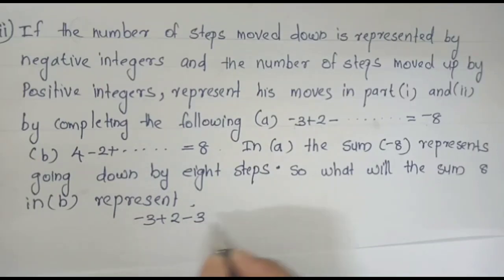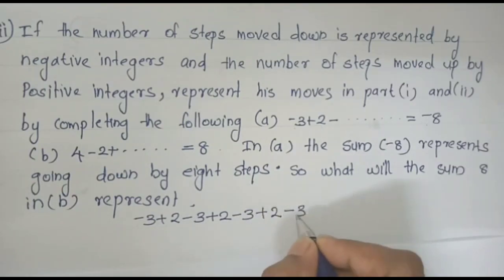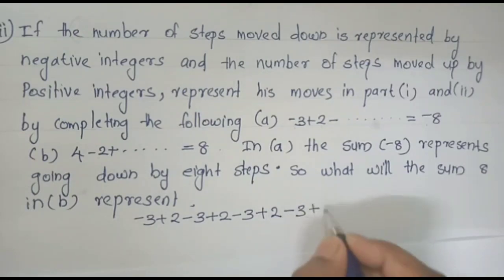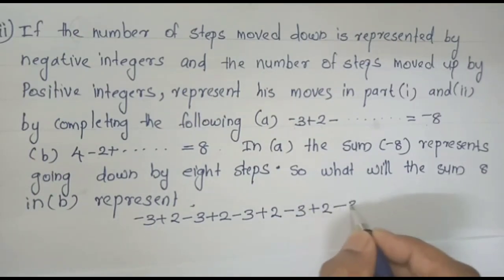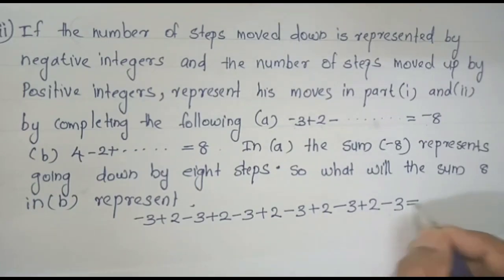This is his third jump. Then 4th one plus 2, 5th one minus 3, 6th one plus 2, 7th one minus 3, 8th one plus 2, 9th one minus 3, 10th one plus 2, 11th one minus 3. He took 11 jumps and now he has reached minus 8. That is the 9th step.